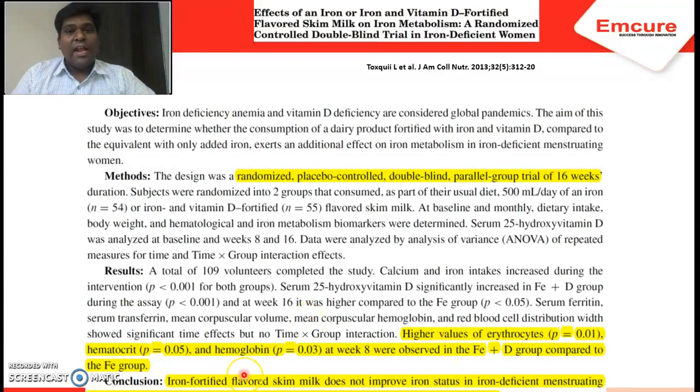So it was believed that fortified food products containing vitamin D will help in getting better erythropoiesis. We don't have fortified products. In India it is very difficult to find, only a few products would be there.